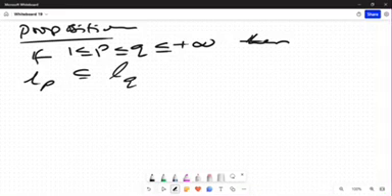In other words, just like 1 is less than or equal to 2, it follows that L1 is a subset of L2. So that's what that proposition is saying.